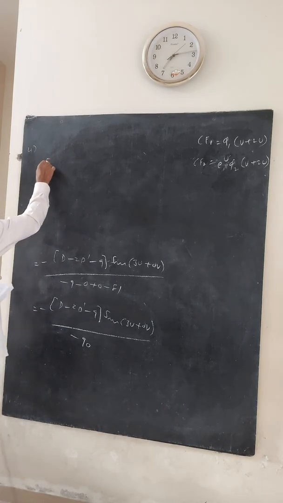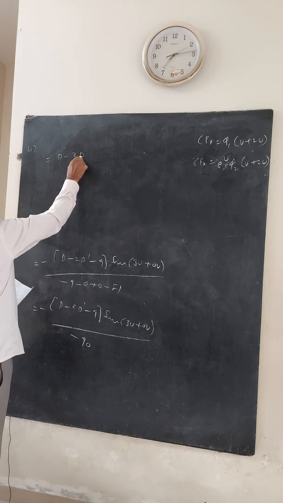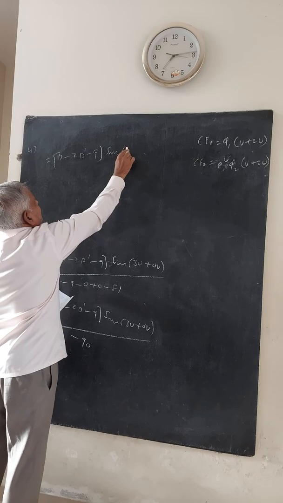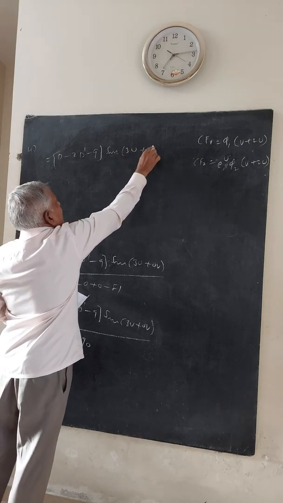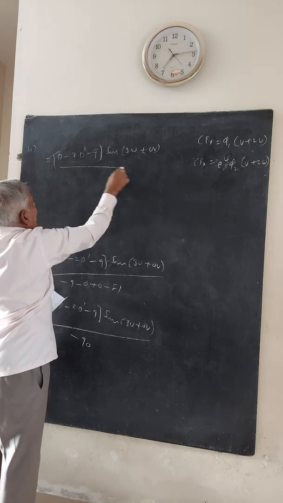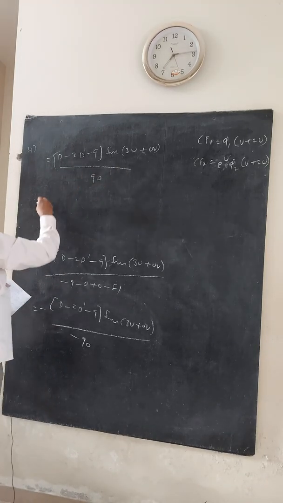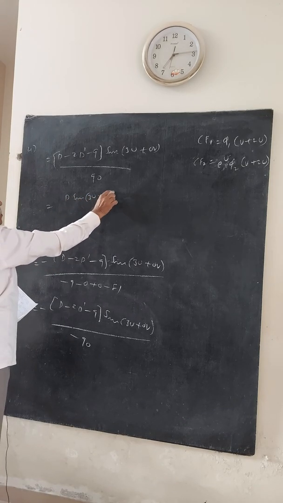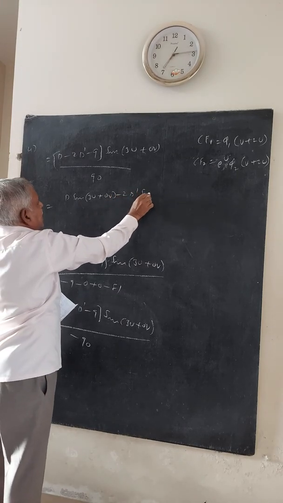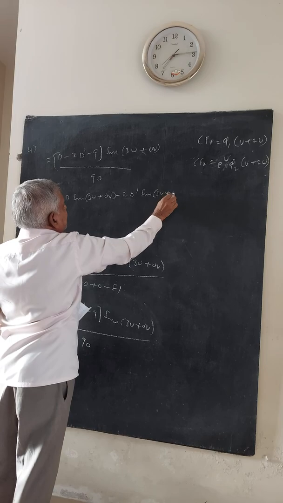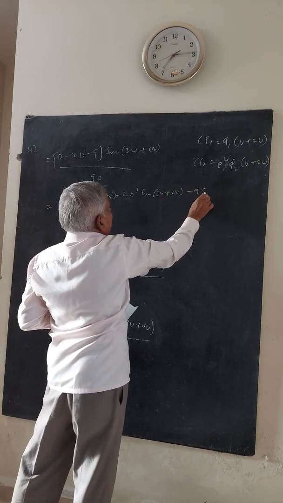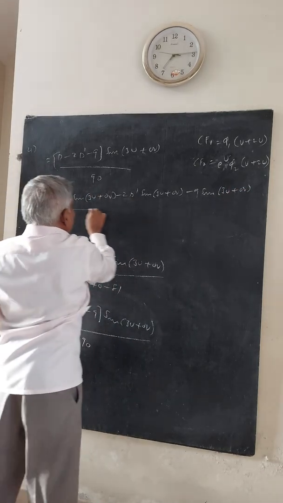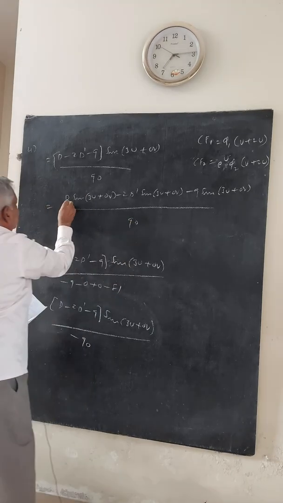The minus signs cancel: D minus 2D dash minus 9 sine 3u plus 0v divided by 90. That is D sine 3u plus 0v, minus 2D dash sine 3u plus 0v, minus 9 sine 3u plus 0v, all by 90.